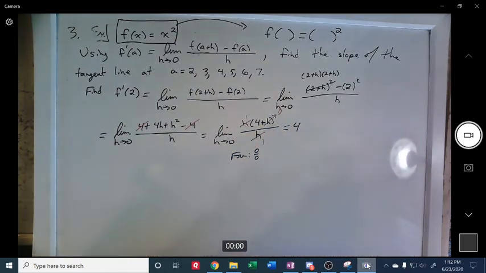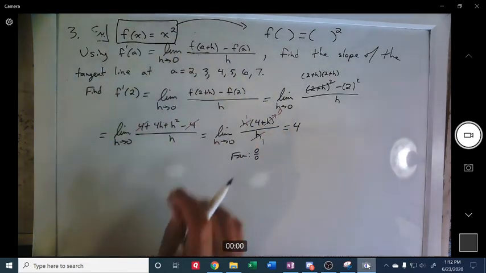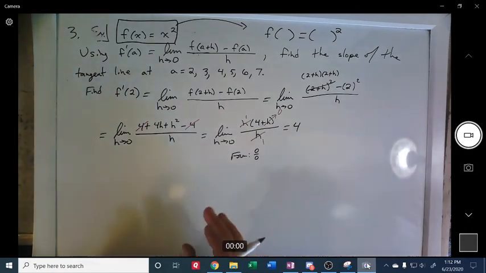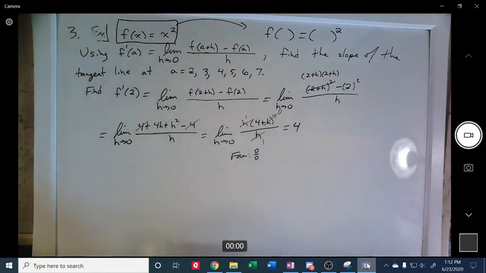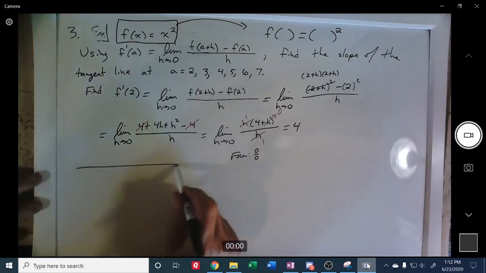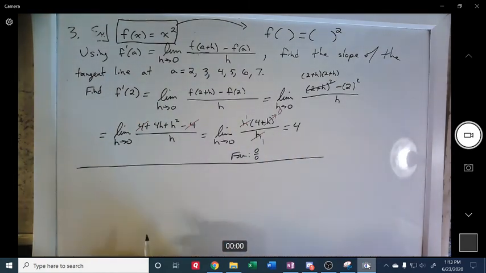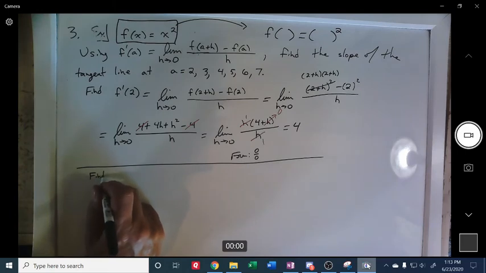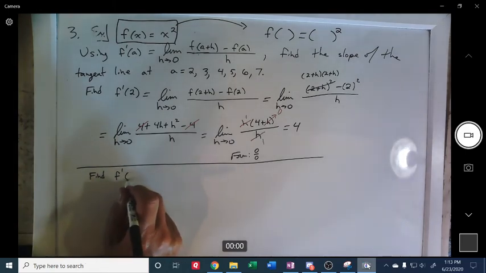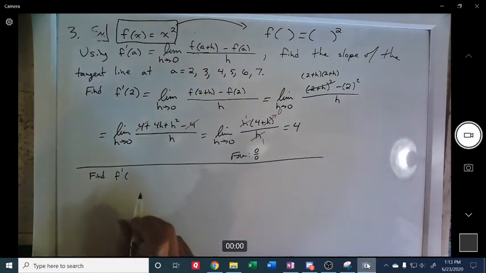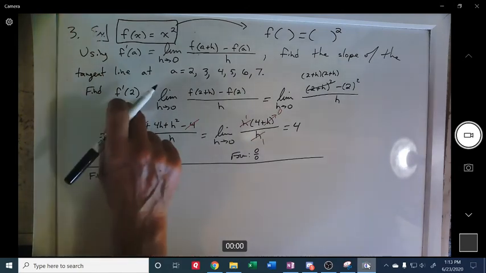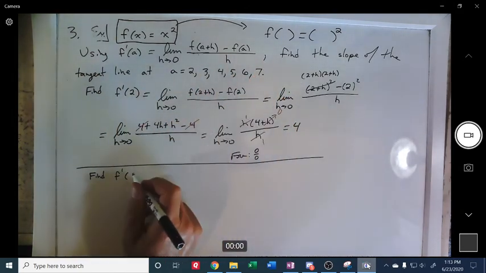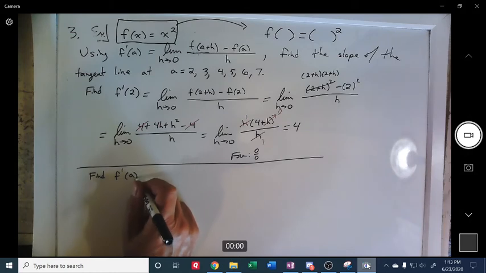But boy, this is going to take me a long time. I got to do it again with 3, again with 4, again with 5. But no, I don't. Let's do it again. Instead of finding f prime of a single value, let's use the letter a.